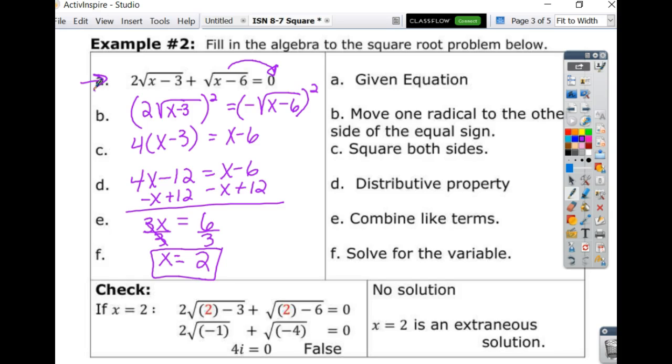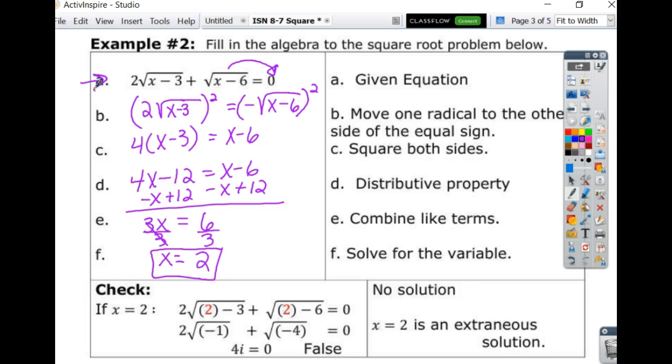And what that means is this answer is called an extraneous solution. And it's still a solution, it's just an extraneous solution. It's not a real solution, it's an imaginary solution. So if you plug this in and you get a true answer, it's a solution. If you plug it in and you get a false, it's not true, then it's an extraneous solution. It's one or the other.